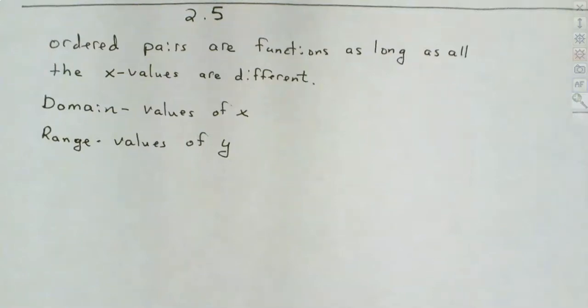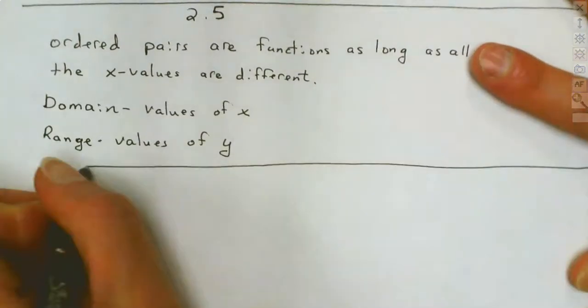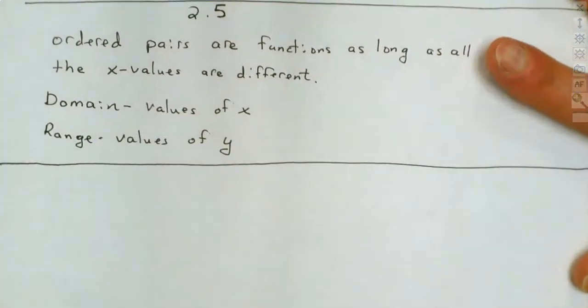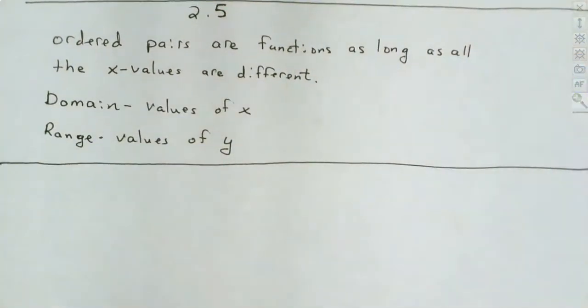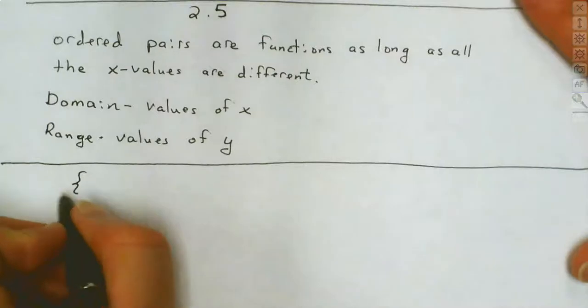So ordered pairs are functions as long as all the x values are different. Now the domain is the values of x. Range are going to be values of y. So we're going to begin with some ordered pairs. And there's several of these. These go with questions 5 through 9. But they're not difficult at all. So we'll do a couple of these to look at here.